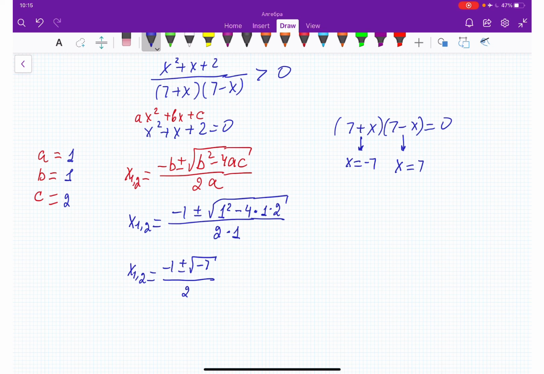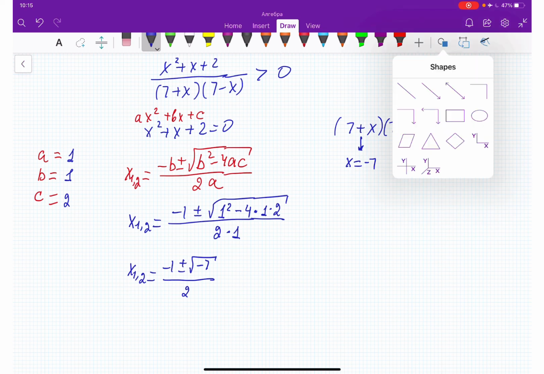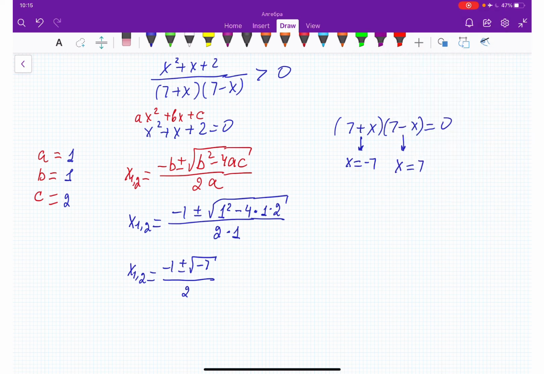So our graph is going to look like the solution in the graphing format. This is going to be -7, +7. Okay, so less than -7, let's take -8.